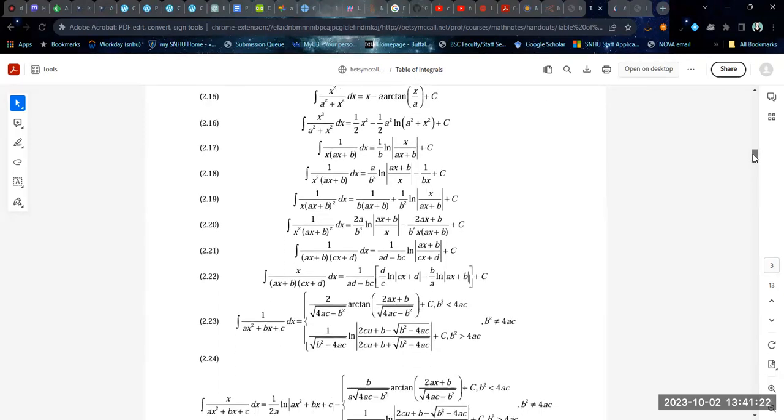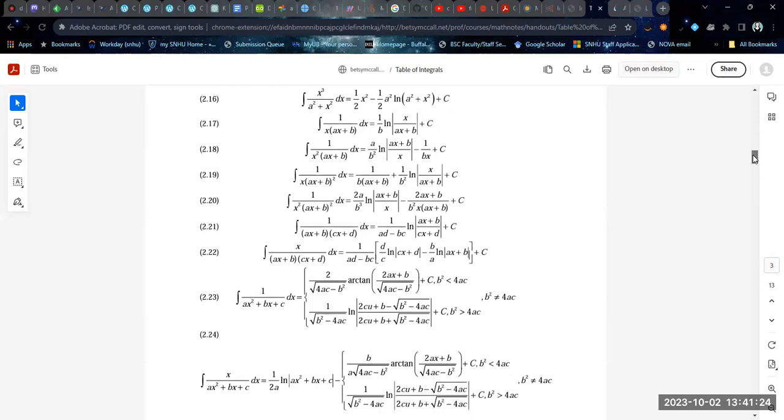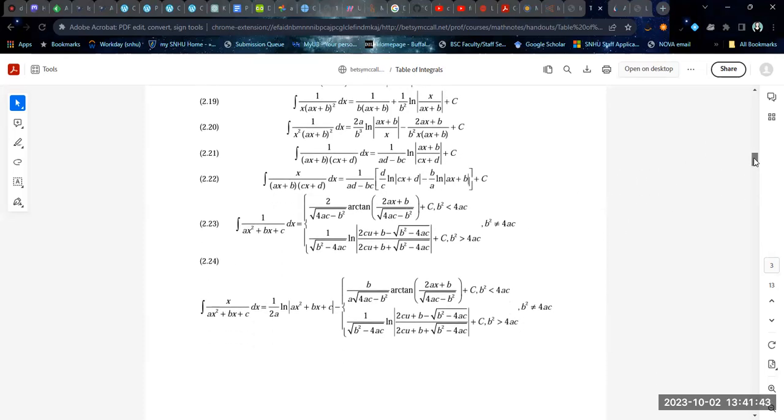We could treat this like a factor. So we could have something like this, perhaps. We could factor our denominator into u times u plus 2. That is an option. That looks like a fairly compact formula, so that one might actually work for us.